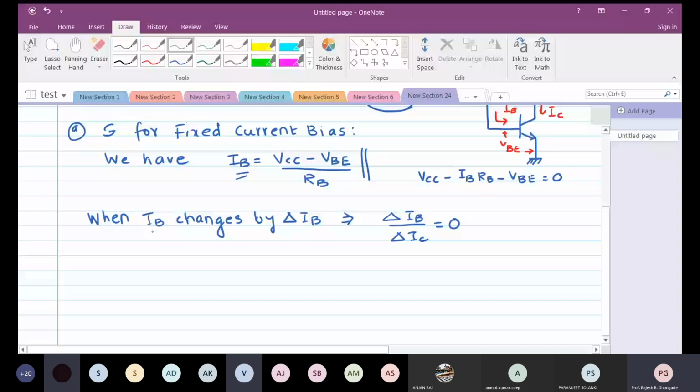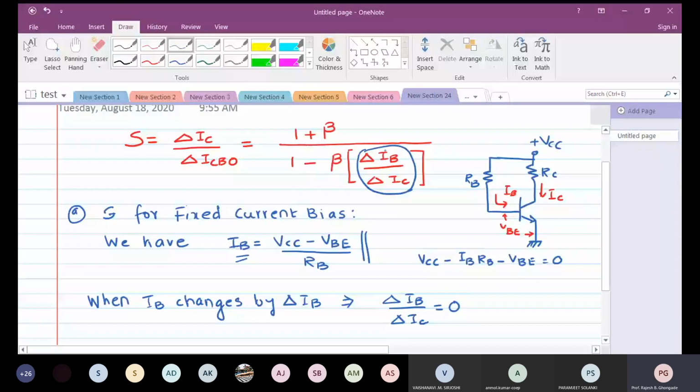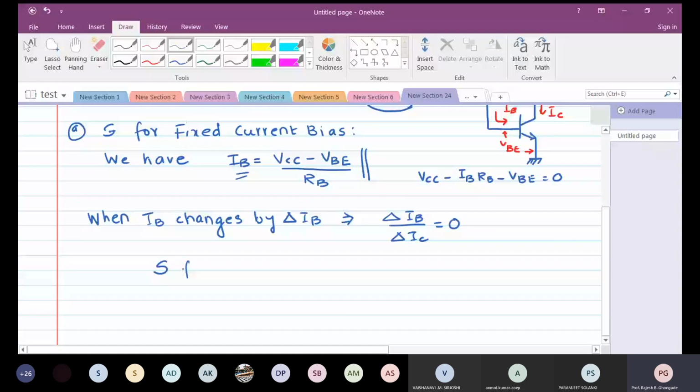Yes, sir. Okay. So once we have the notion that delta IB by delta IC is equal to 0, I simply substitute it in the generic equation for S. And what do I get? S now for fixed current bias is simply 1 plus beta.